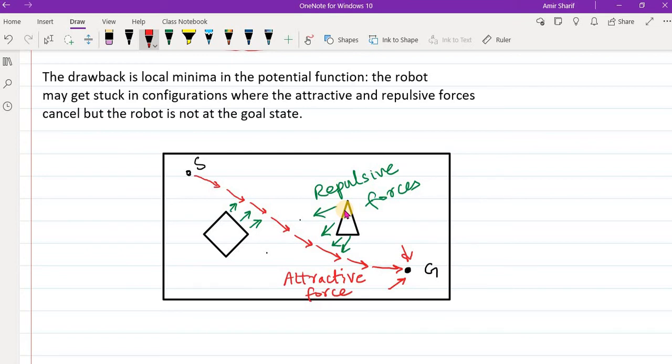Both the combined effect of these repulsive and attractive forces will move your robot from start to your goal location, avoiding the obstacles.